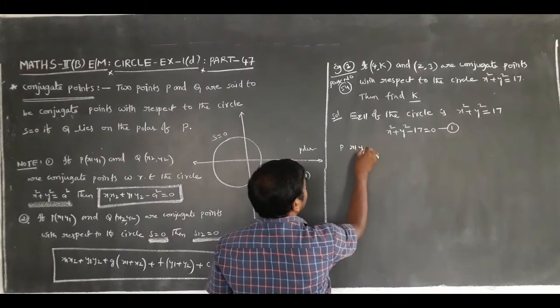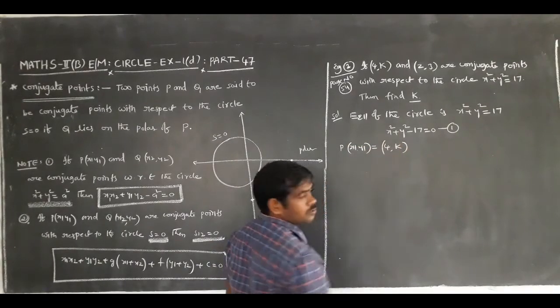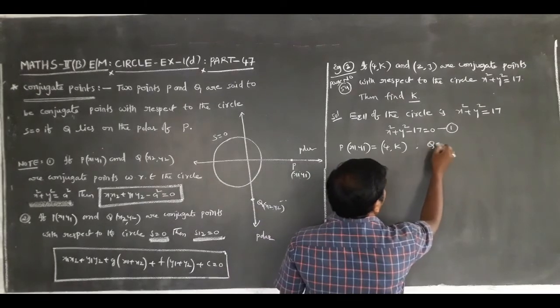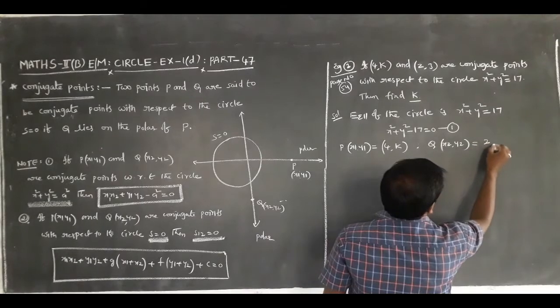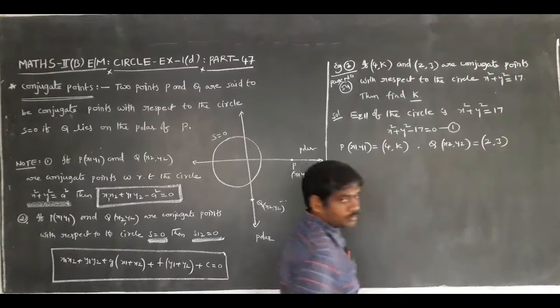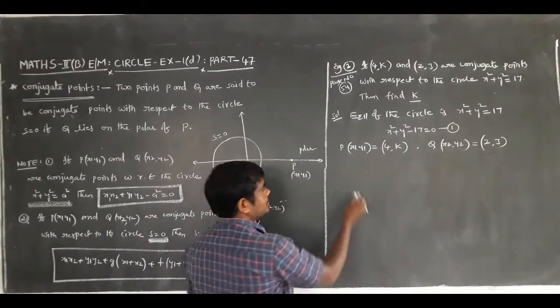Given points P(x1, y1) = (4, k), Q(x2, y2) = (2, 3). The given points are conjugate points.